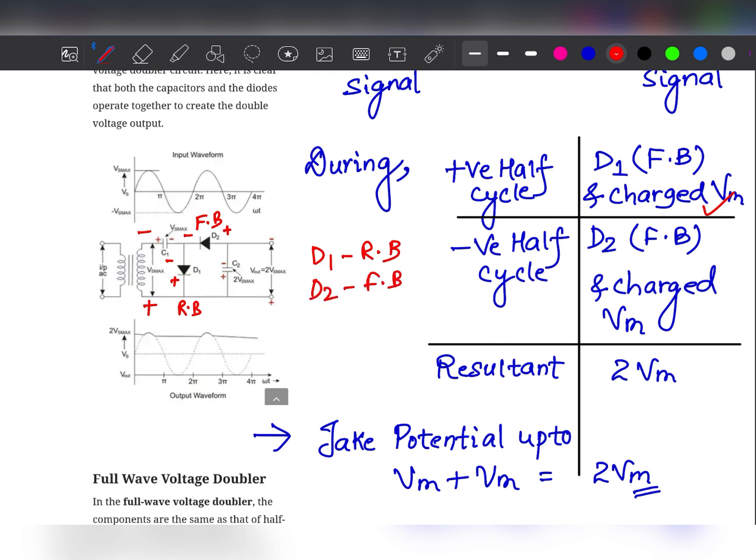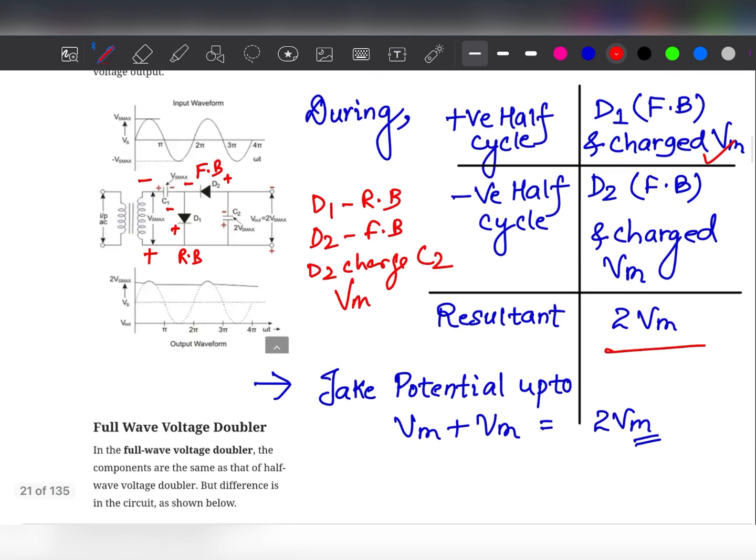At the time of the negative cycle, D2 charges capacitor C2 to a potential of Vm, the maximum peak voltage of the AC input. So as a result you are getting two times the voltage.